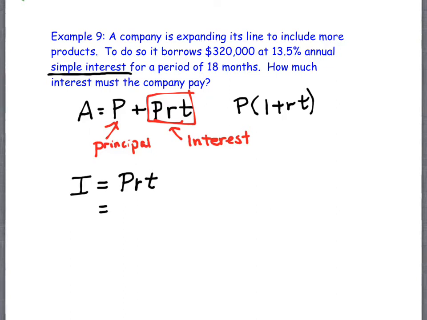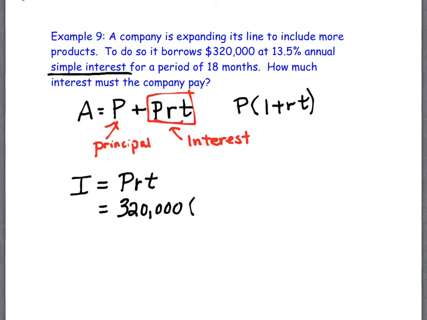What is P? It's the original amount. So in our problem here, that's the $320,000. R, interest rate, what's that going to be? Yeah, it's 13.5%, which I need to write as a decimal value instead.